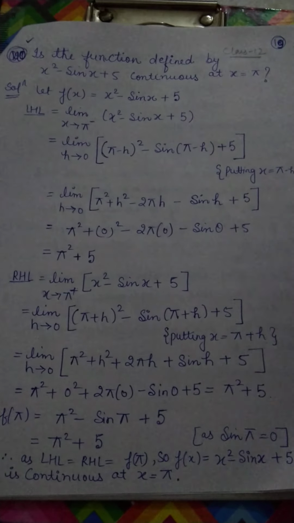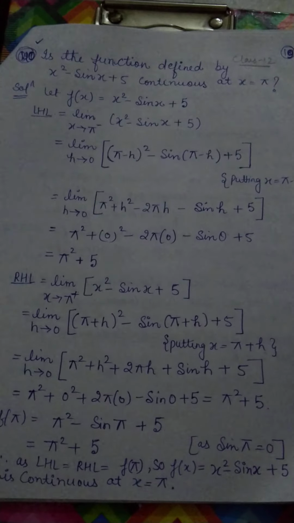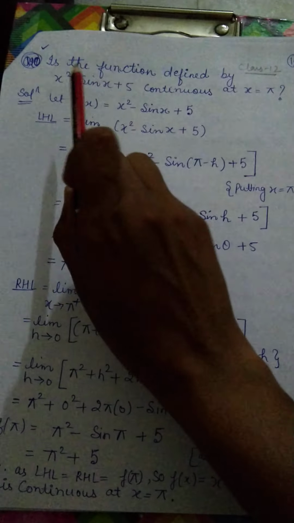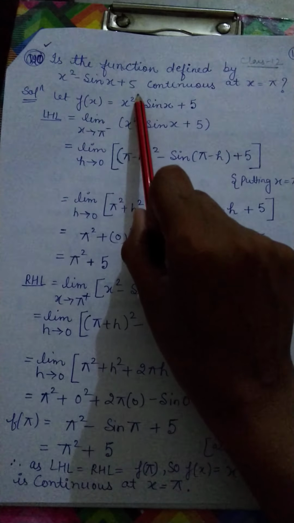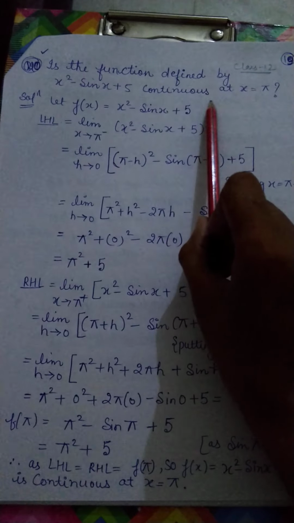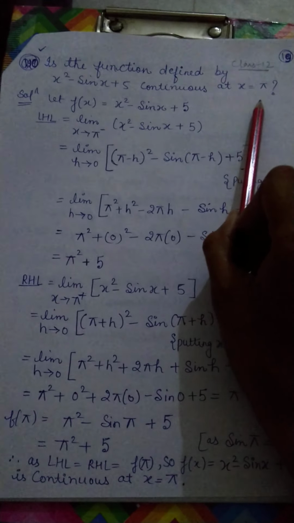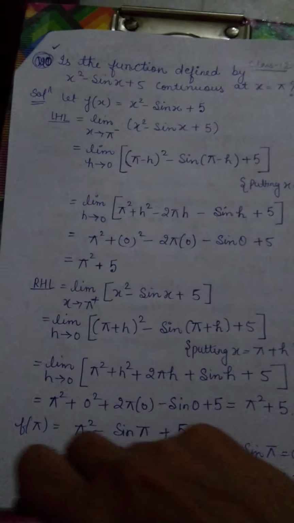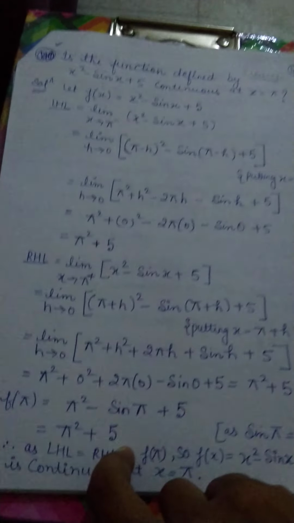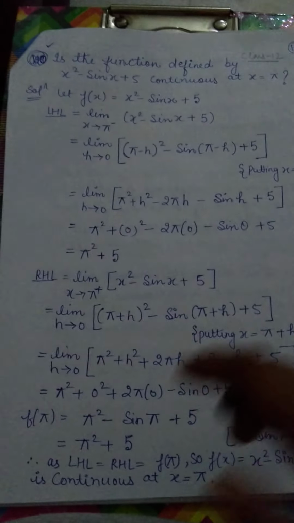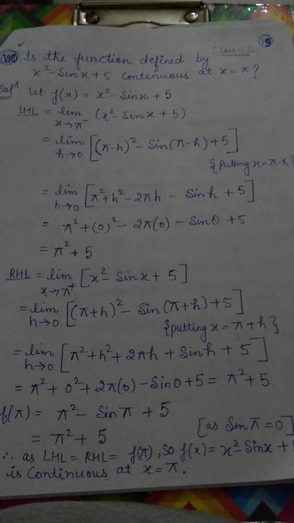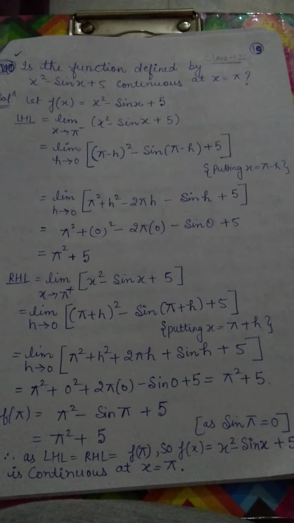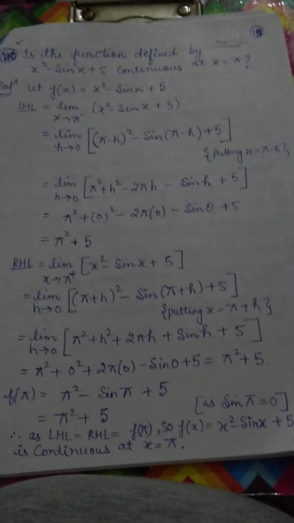Now bache, it is your question number 20, that is, is the function defined by x square minus sin x plus 5 continuous at x is equal to pi? Means what we have to do, bache, we have to check whether this function is continuous or not at x is equal to pi. Clear?